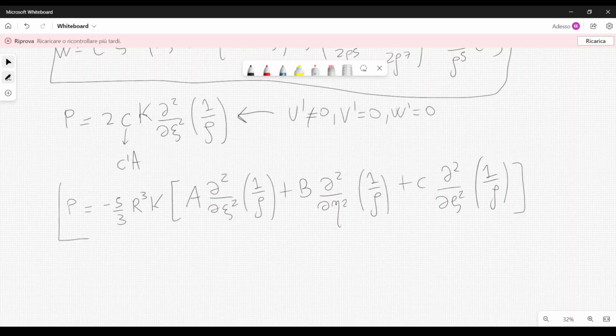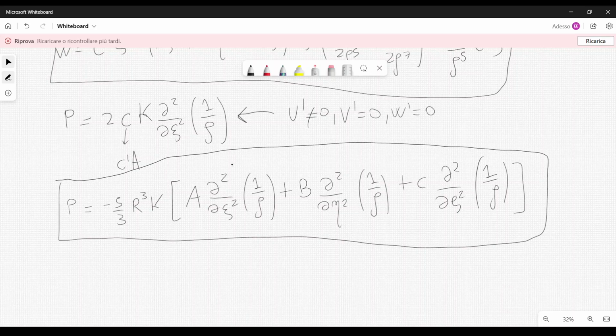So this is the expression for pressure, and one can also substitute the expressions for these derivatives. I'm not going to do it here, but it can be done.